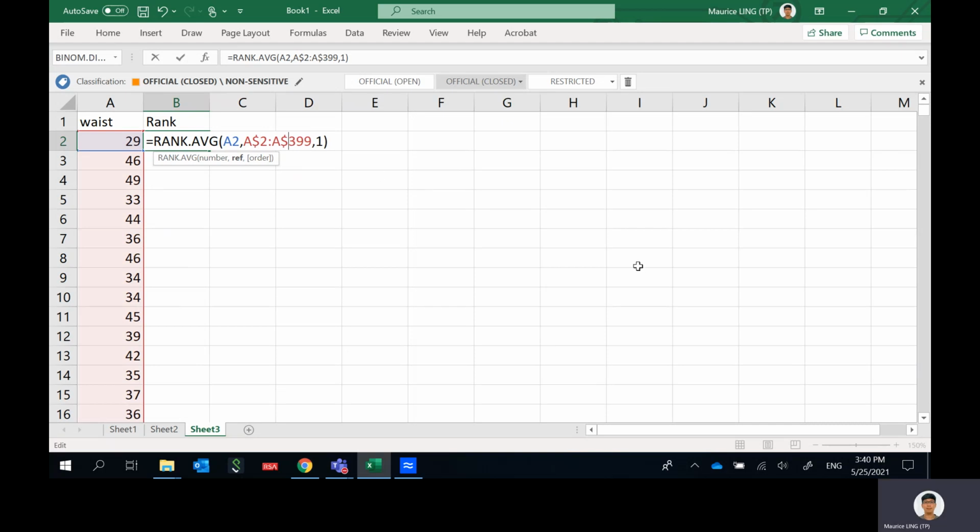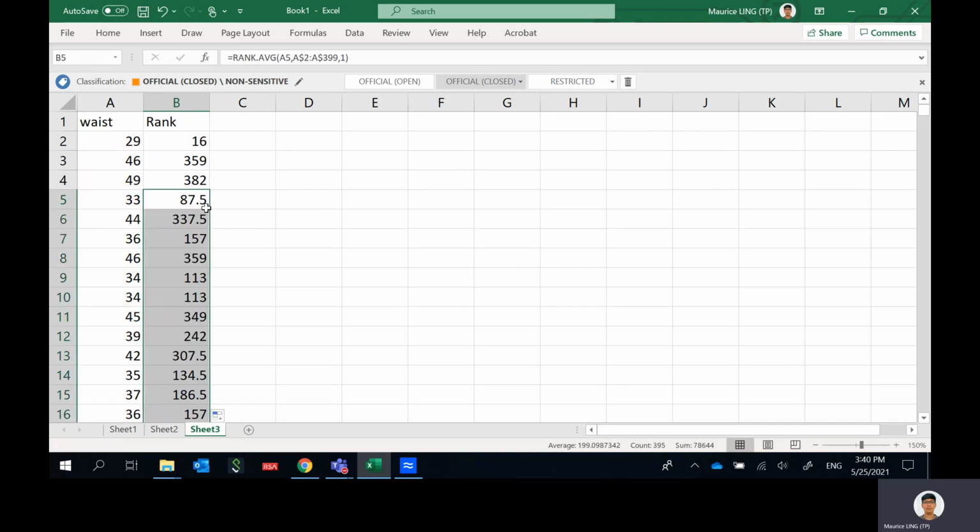So just follow what I do: $2 colon $399. Once you have that, when you drag down a few, you realize the reference range doesn't change anymore. It gets locked in position. So then just drag down the whole thing.